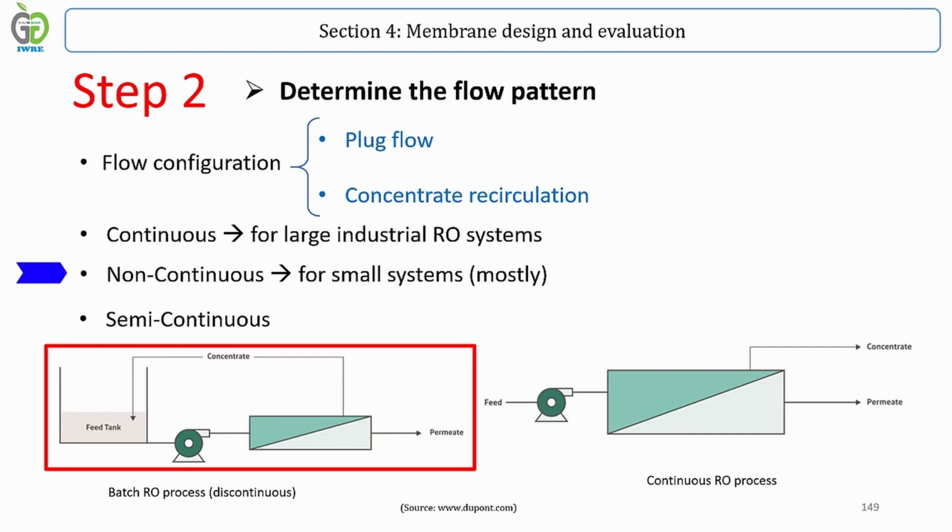In this mode, the operating conditions of every membrane element are changing throughout the cycle. After the resulting concentrate has been drained, the membranes are typically cleaned before the tank is filled again with a new batch. This figure shows the batch operation mode.